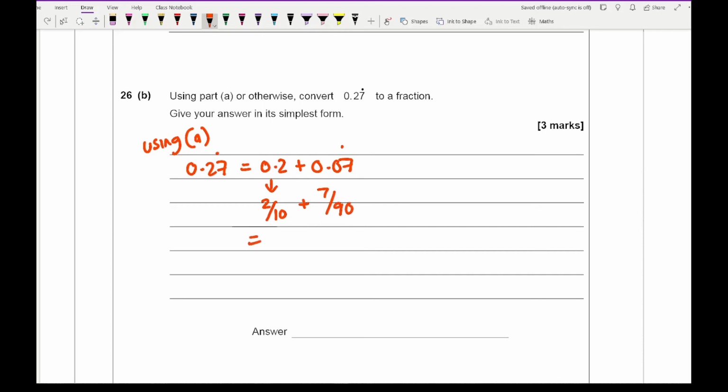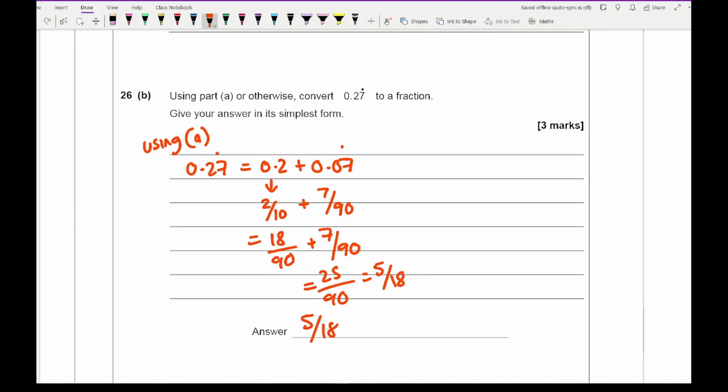And then if I get a common denominator, times the bottom one by 9, so I get 18 over 90 plus 7 over 90 gives me an answer of 18 plus 7, which is 25 over 90. Simplify that as a fraction, which I need to do, and I get 5 over 18.